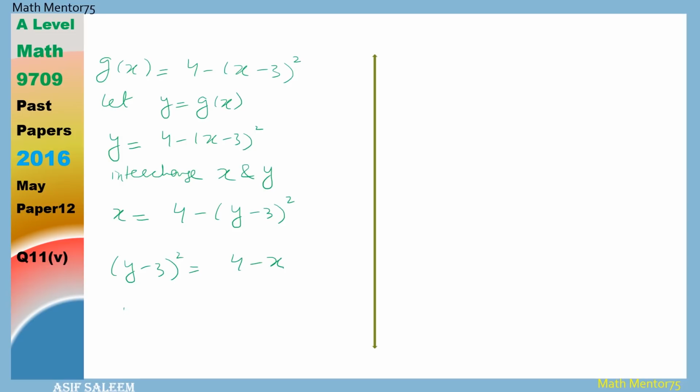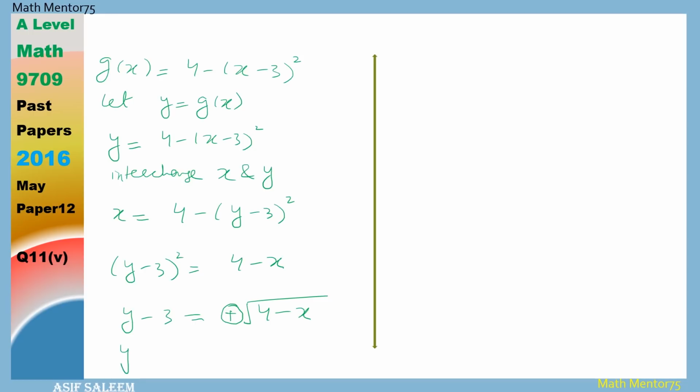Take the square root of both sides: y minus 3 equals the square root of 4 minus x. Now outside the root we will have either plus or minus. If the domain of the function is right of the line of symmetry, we will put plus over here. If it is left of the line of symmetry, then we will put negative. Here it is greater, so we put plus.